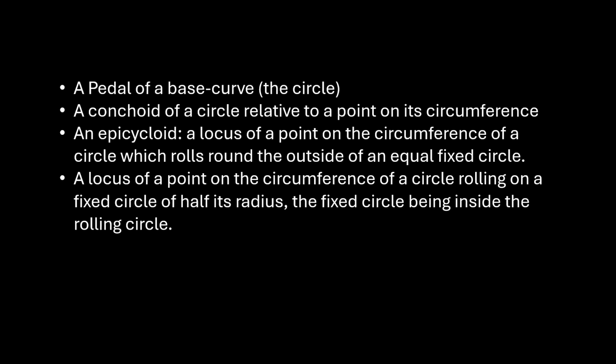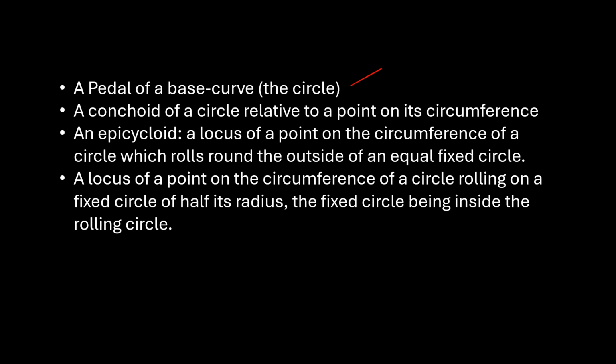We saw a cardioid as a pedal of a base curve, the circle. We also saw that it can also be a conchoid of a circle relative to a point on its circumference. And we'll look at what the word conchoid means shortly. We know what an epicycloid is, a set of points created by another circle on top of another circle.